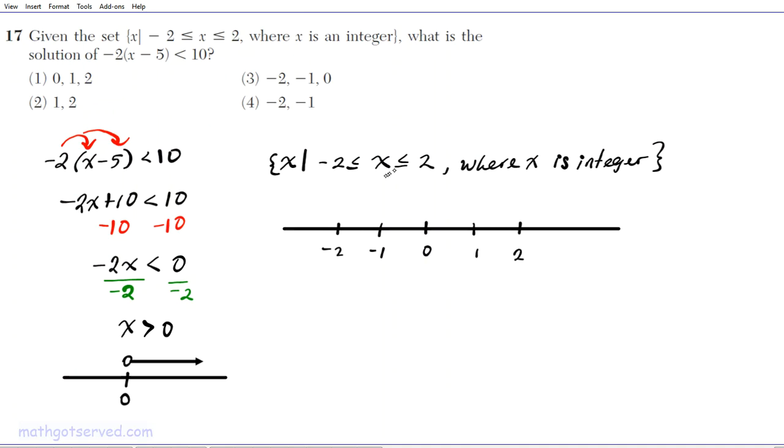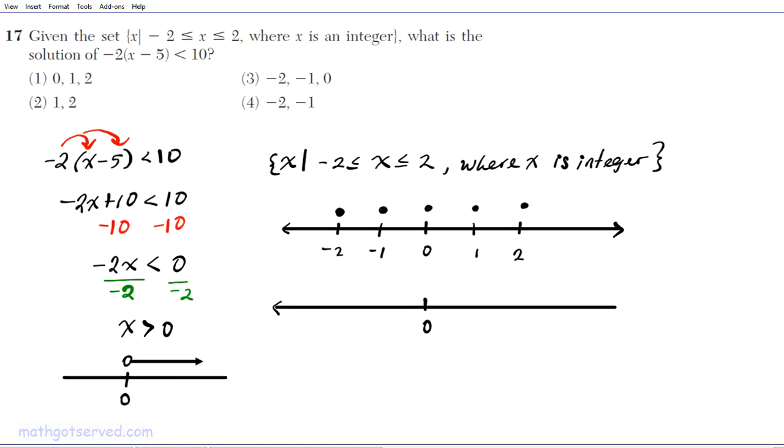So if I want to graph this condition right here, it will be a point here, a point here, a point here, a point here, and a point there. Okay? Now what we're going to do is look for the intersection of these two situations.